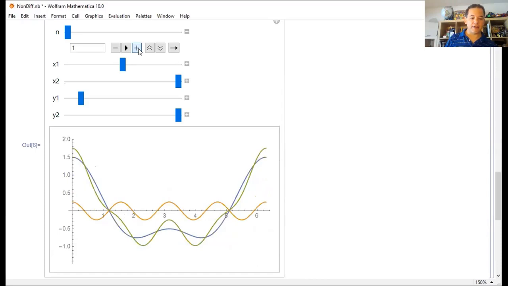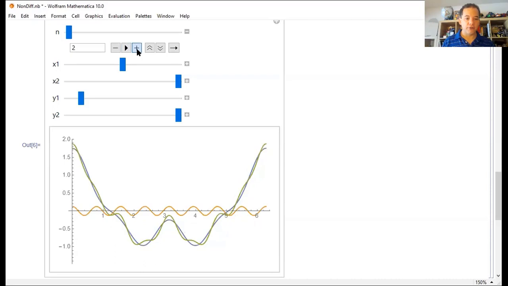And then for the next step, you take the blue one, and now you add this 1/4 cosine of 4x, the one that oscillates 4 times as fast, but only 1/4 the height. And then you get the green one, and so on. So it's going to look like this.